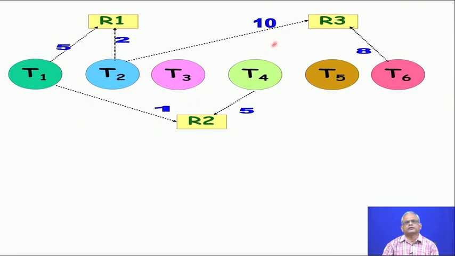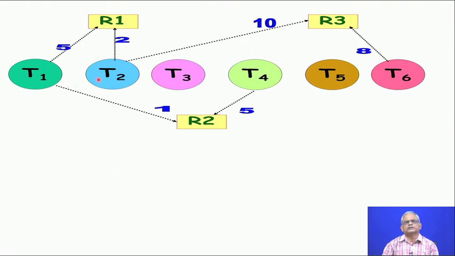Now, what about R3? When T6 is using the resource R3, the CSC is set equal to the priority of T2, and in that case, if T4 is trying to use the resource R2, it will be prevented, and the maximum duration for which it can undergo inversion is 8 units.